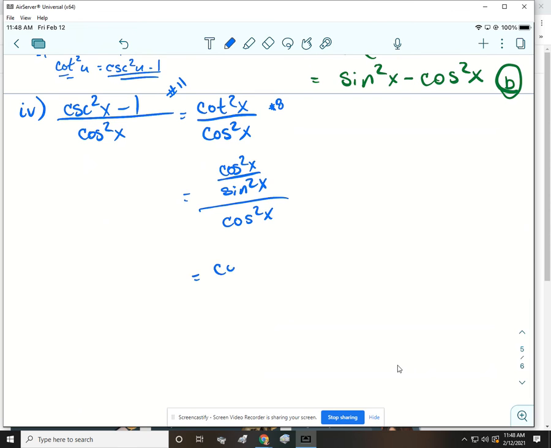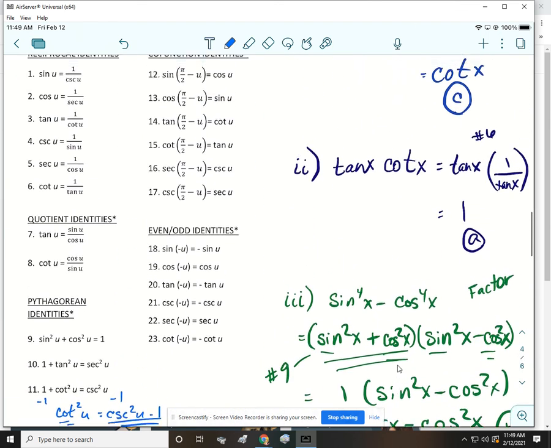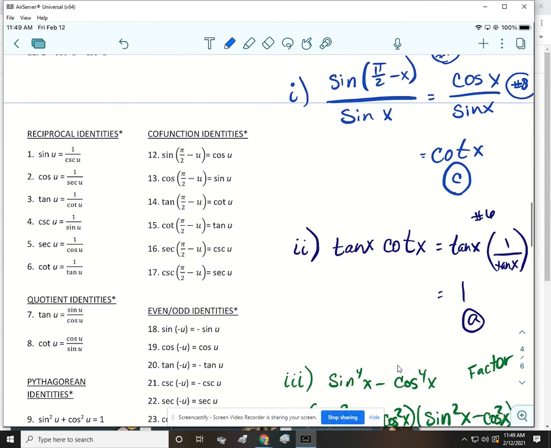Then I know I am going to divide by cosine squared. So when you're dividing with fractions, you're going to multiply by the reciprocal of that, cosine squared. And what happens is the cosine squared cancels out, and we're left with 1 over sine squared of x. All right, and like the quotient identities, the reciprocal identities also work for powers.